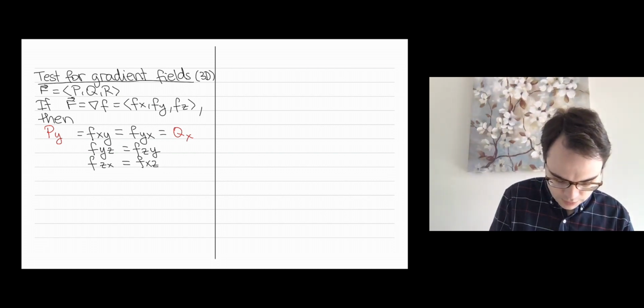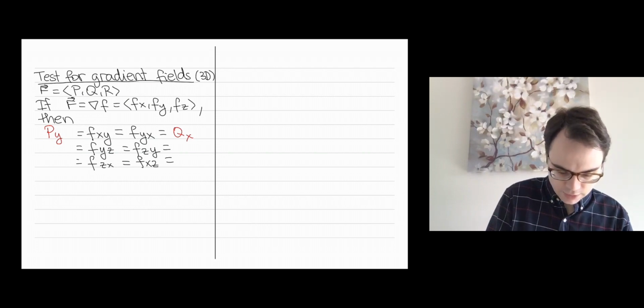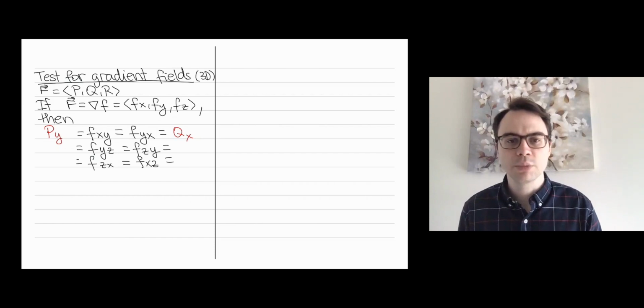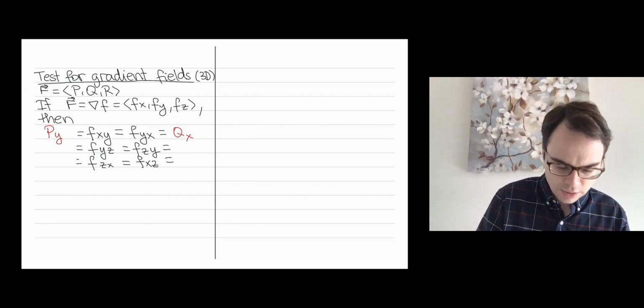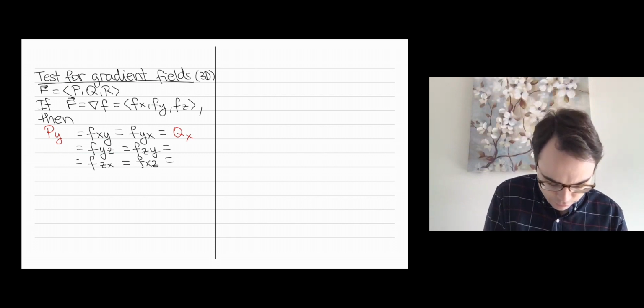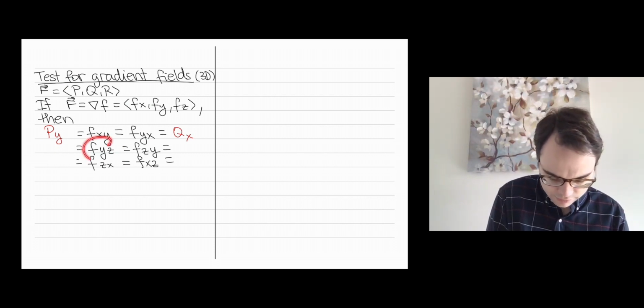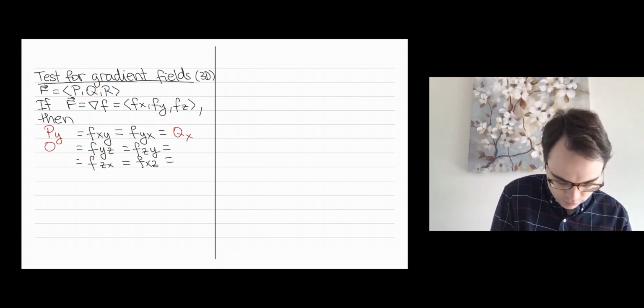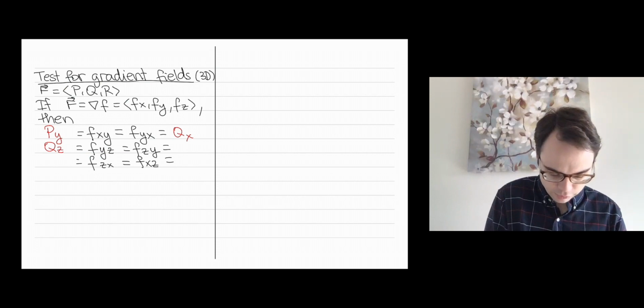Right. So let's now interpret all this in terms of, let's hide the function f and see what equalities I get between partials of the components of the vector field. So for example, here on the left, I have the z partial of f sub y, which is q, so that's the z partial of q.